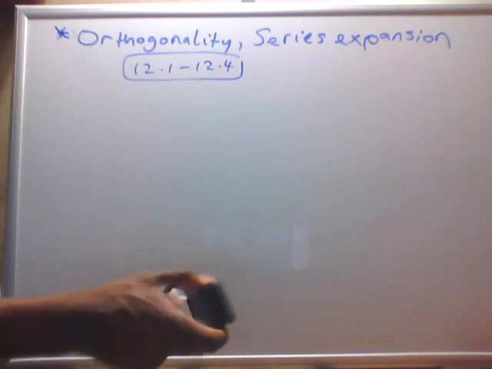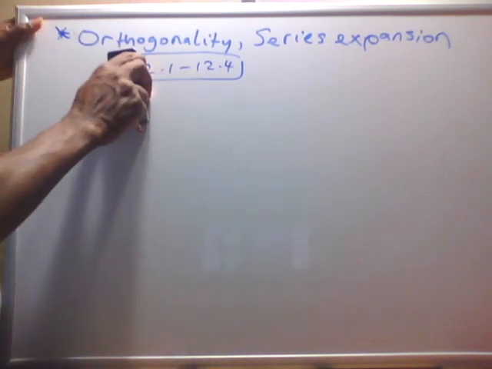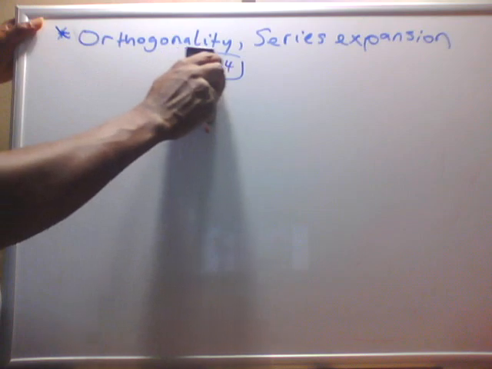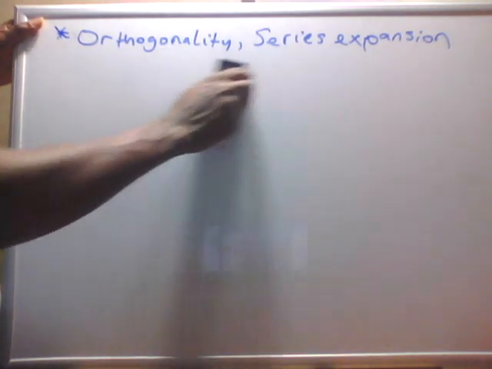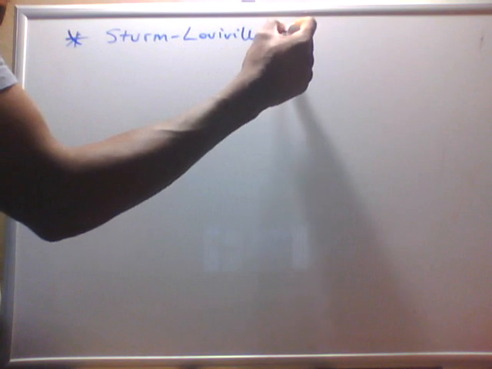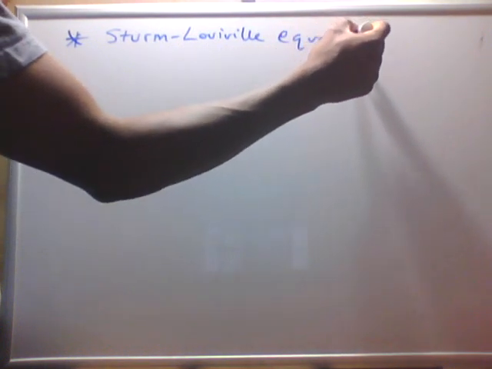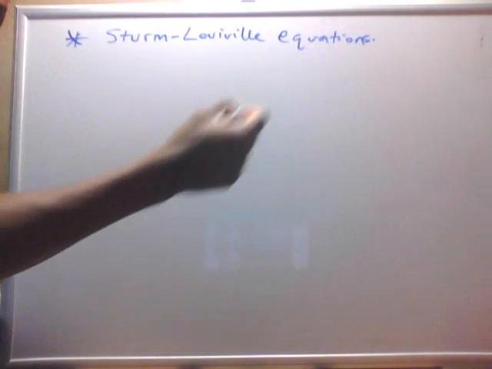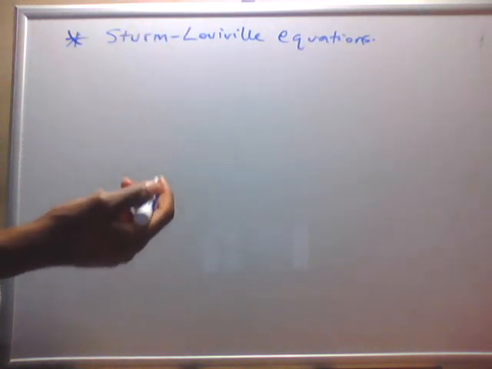Just a brief detour. So we went through 12.1 to 12.4, developed all of these ideas, and on Friday, or was it Wednesday, we started discussing a new set of this particular form of differential equations, and we got into understanding a very interesting property of this differential equation.